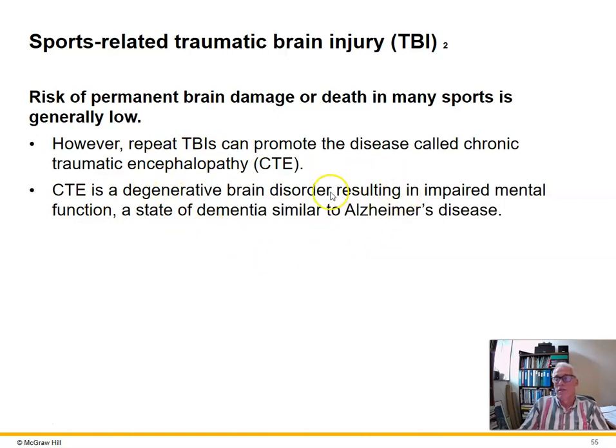The manifestations are much like Alzheimer's disease, a disease in which there's degradation of the nervous tissue that leads to loss of memories and eventually loss of motor function and finally death. And so CTE is in appearance like Alzheimer's disease, but different etiology, different cause. Alzheimer's disease is associated with precipitation of protein plaques in the brain that are then connected in some way with death of neurons in the brain.